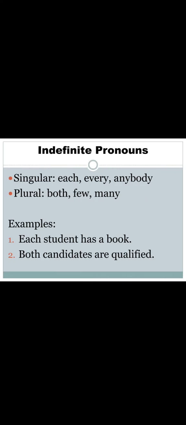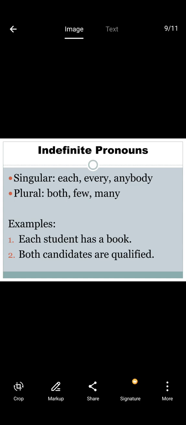Next, indefinite pronouns. Some indefinite pronouns are singular: each, every and anybody; and the plural ones are both, few, many. Examples: each student has a book. Each is always singular, so don't use the helping verb have here; has is considered singular.